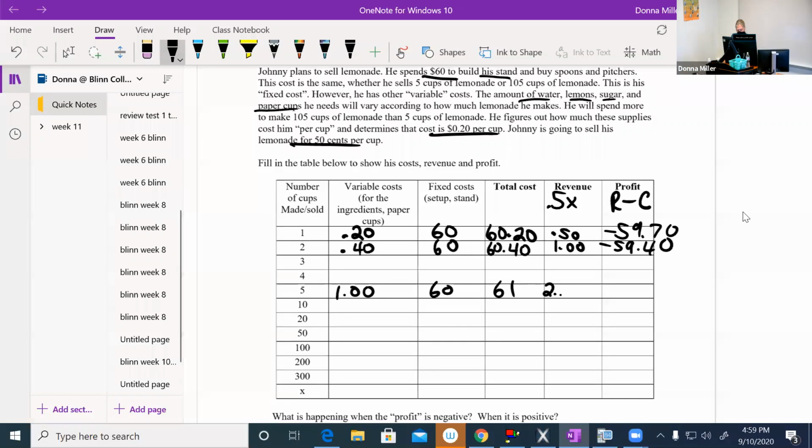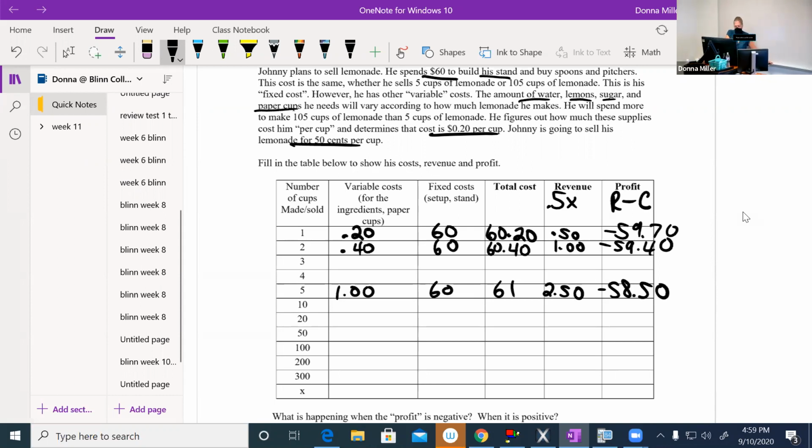Now he's going in the dough. He's still got a negative profit, negative 58.50. He's still down a lot of money.